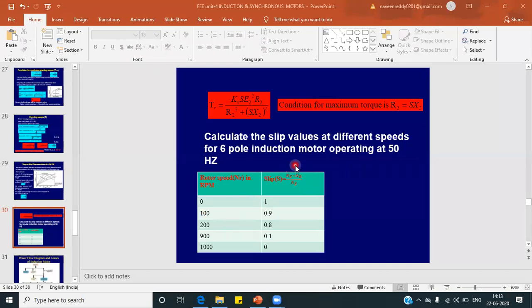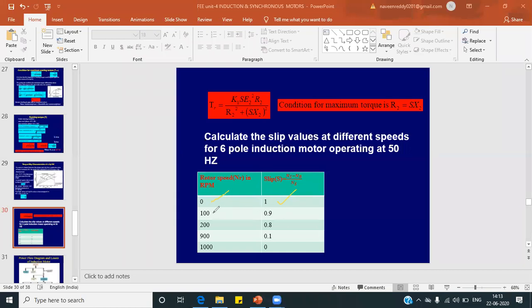Now all of you see, what is the value of slip at starting? That is 1. At starting, the speed is 0 RPM, so the slip value is 1.